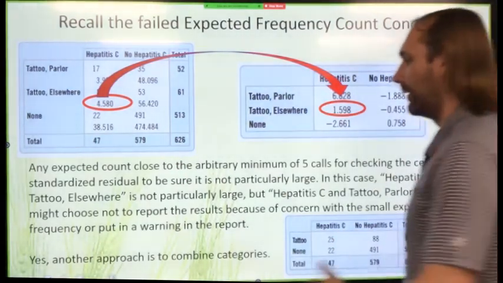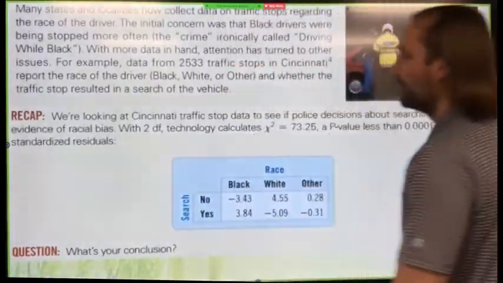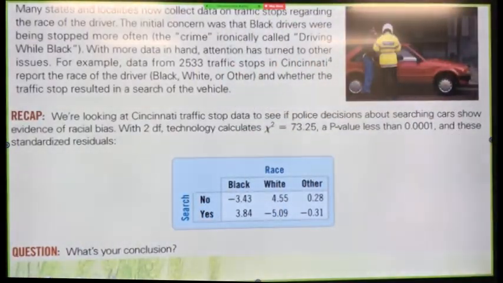Okay. Well, let's look at one more example. Many states and localities now collect data on traffic stops regarding the race of the driver. The initial concern was that black drivers were being stopped more often. With more data in hand, attention was turned to other issues. For example, data from 2,533 traffic stops in Cincinnati reported the race of the driver, black, white, or other, and whether the traffic stops resulted in a search of the vehicle.